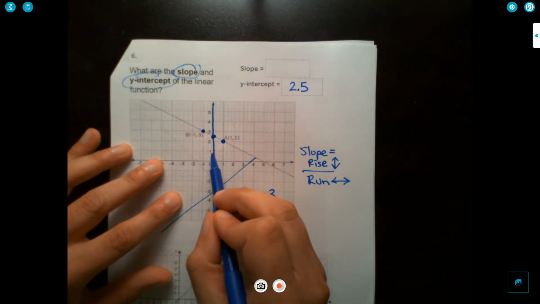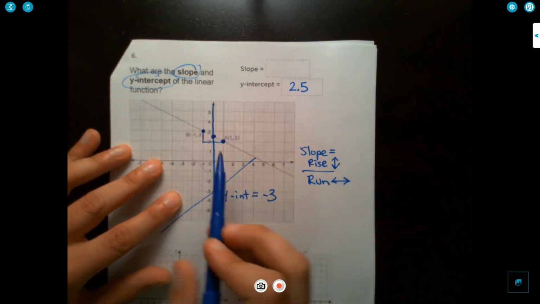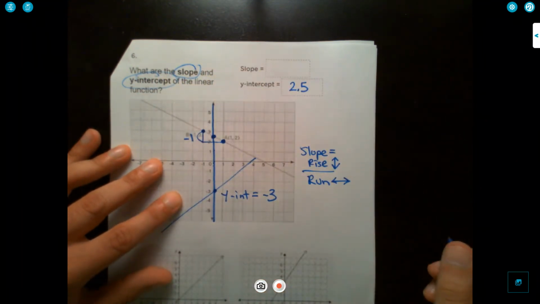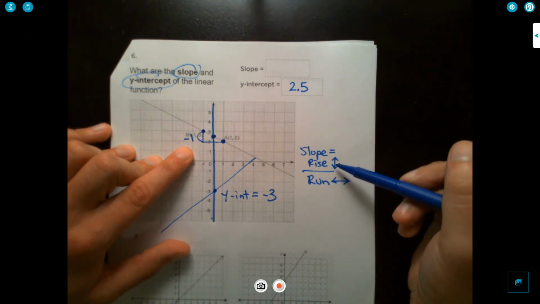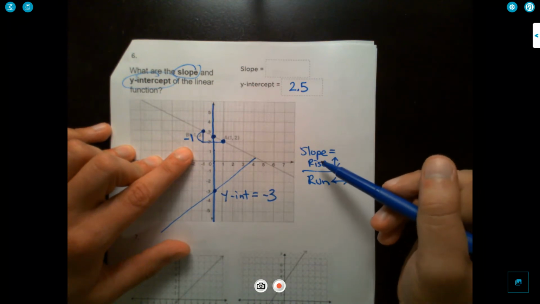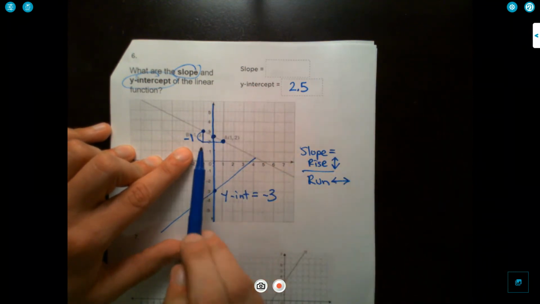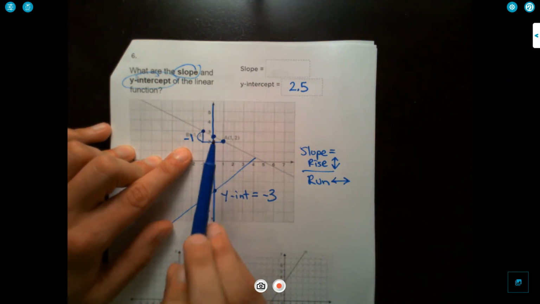All right, so these are in units of 1. So I'm going to create my right triangle. I go down 1 unit, so that means it's negative 1. So that's our rise. So rise is going up or down. That sounds a little misleading because rise indicates only going up, but rise means going up or down in this sense. So we want to get from this point to this point, the 2 points that were given to us.